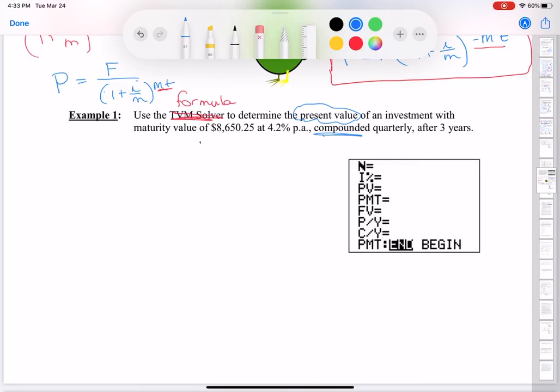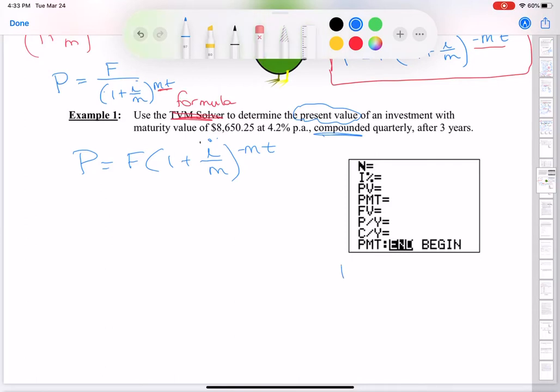So we can take this rearranged version of our formula, which is P equals F(1 + i/m) to the negative mt, and we can substitute in all of the numeric values that we know from the question and solve for what is missing.